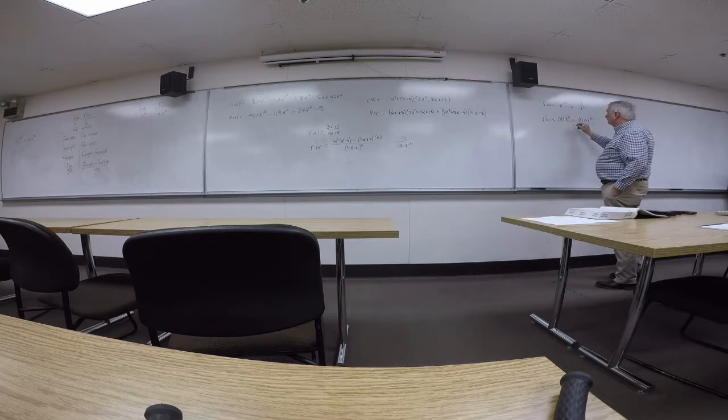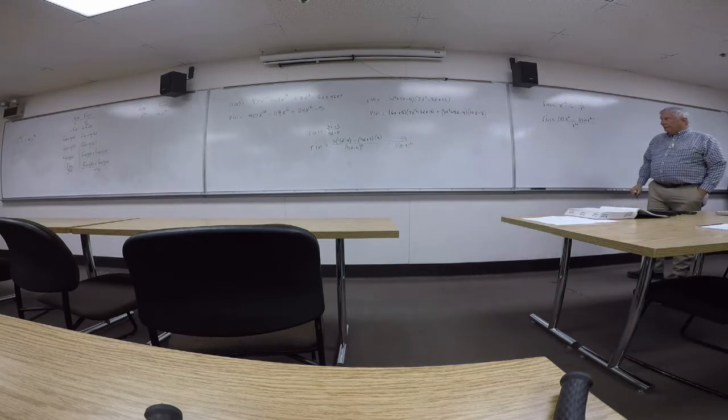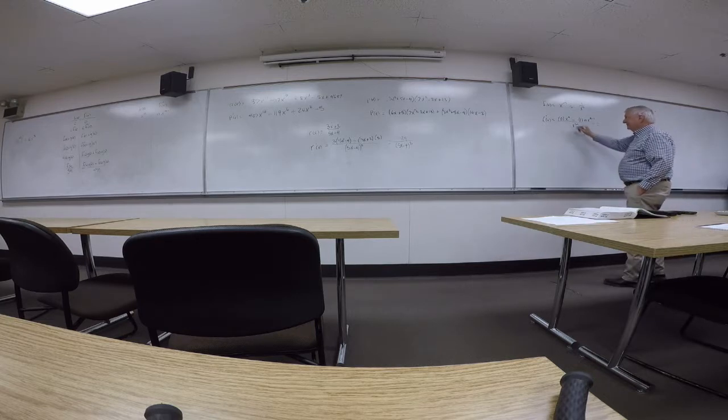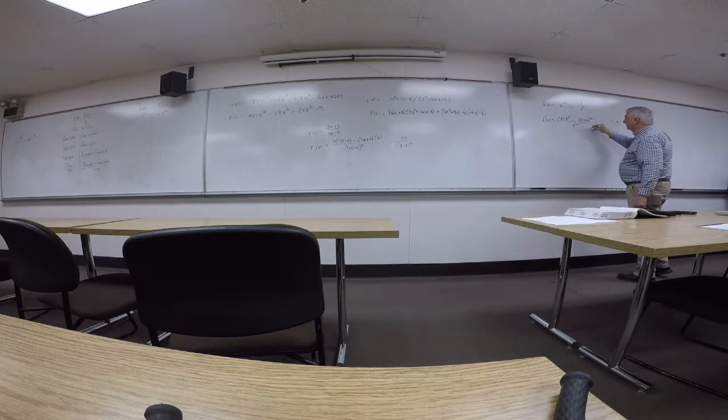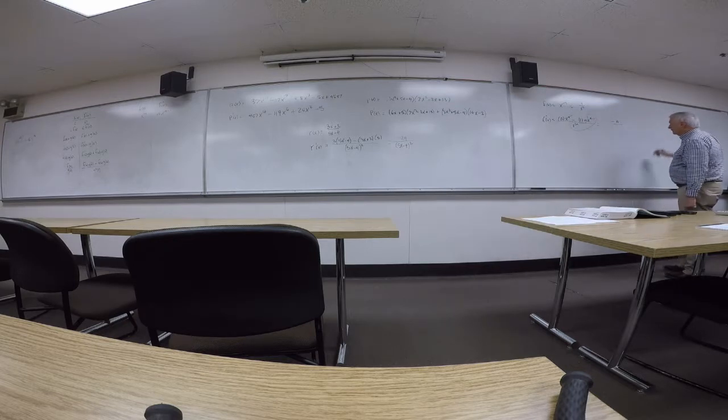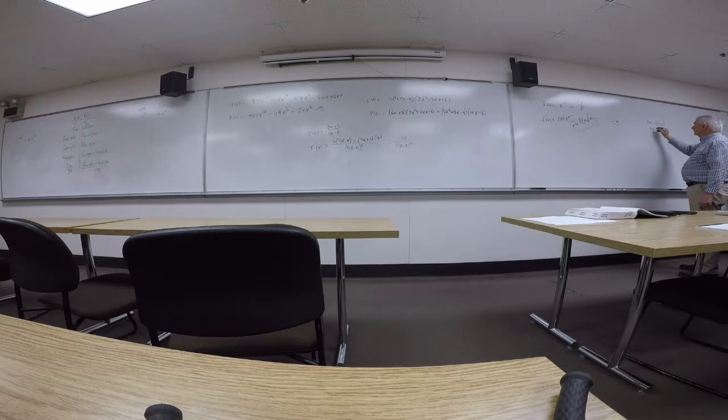all over the square of the denominator. If we simplify this, this goes away. I have minus n over, now I want to combine these two. So let's see, 2n subtract n minus 1 is n plus 1.